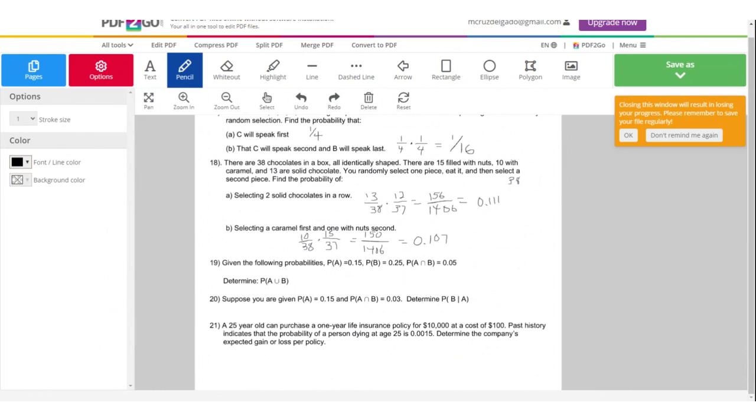So that means what we've got to do is subtract out that amount. If this had been equal to this times that, then you wouldn't have to worry about it because it's already accounted for.